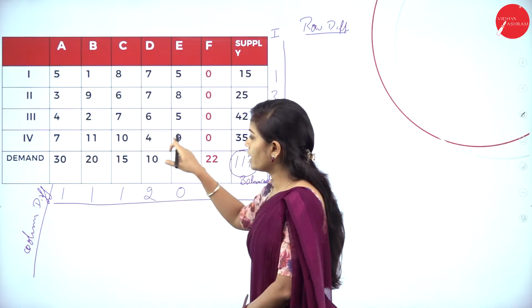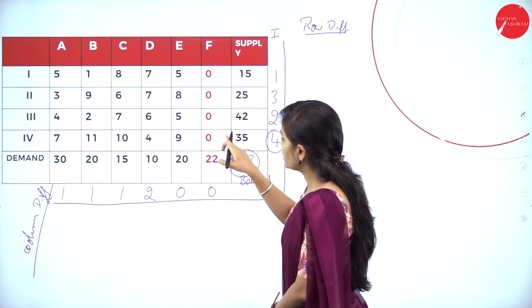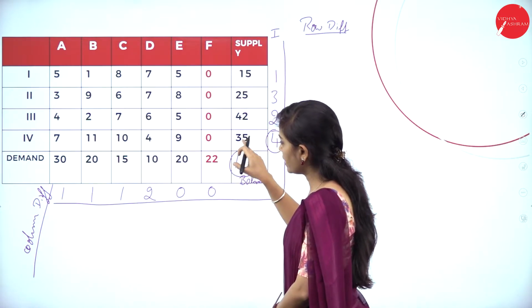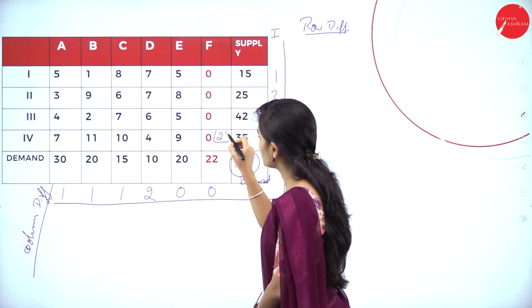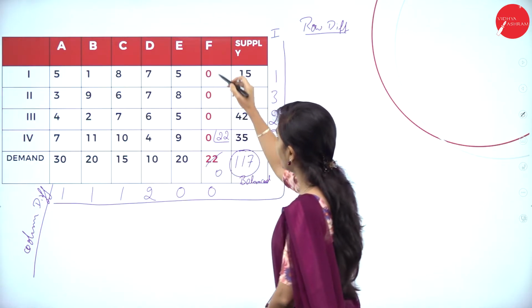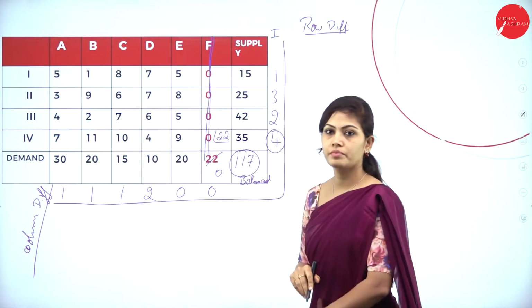Here, the least value is 0. Next, you just take the demand value and supply value. The demand value is lesser than the supply value, right? So I will allocate 22 to this cell. Got it? And it will become 0 and I can cancel this entire column also.